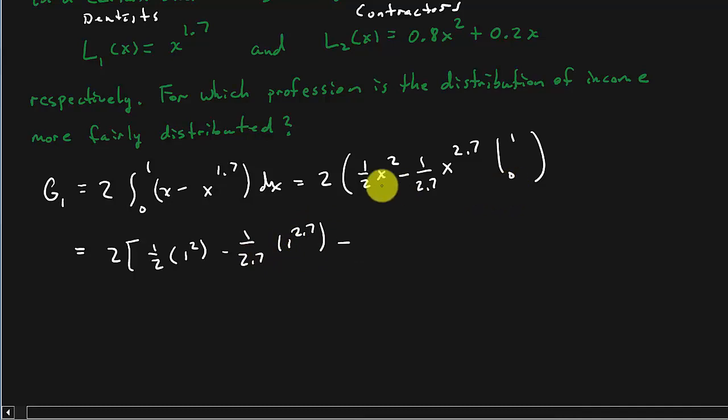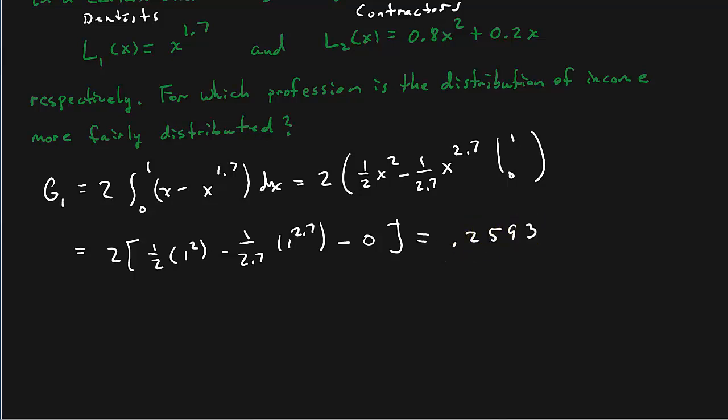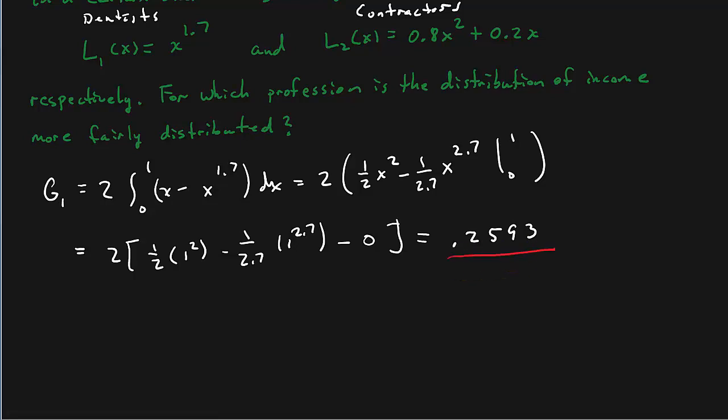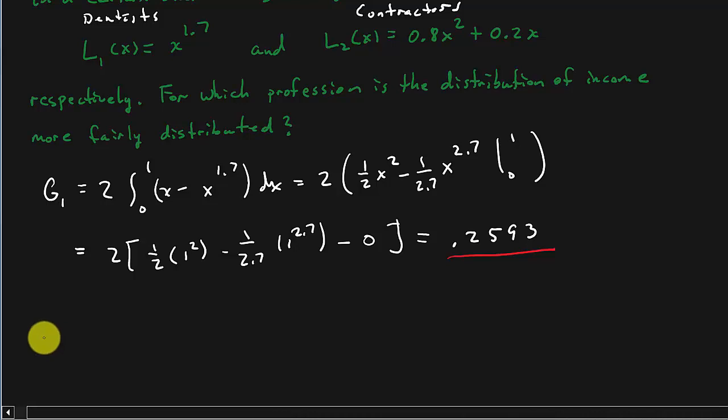You plug 0 in for x, and you can see easily that that is 0. Once you punch all that into your calculator, you get 0.2593. Let's underline that in red because we're going to have to compare that number with the number for the contractors.